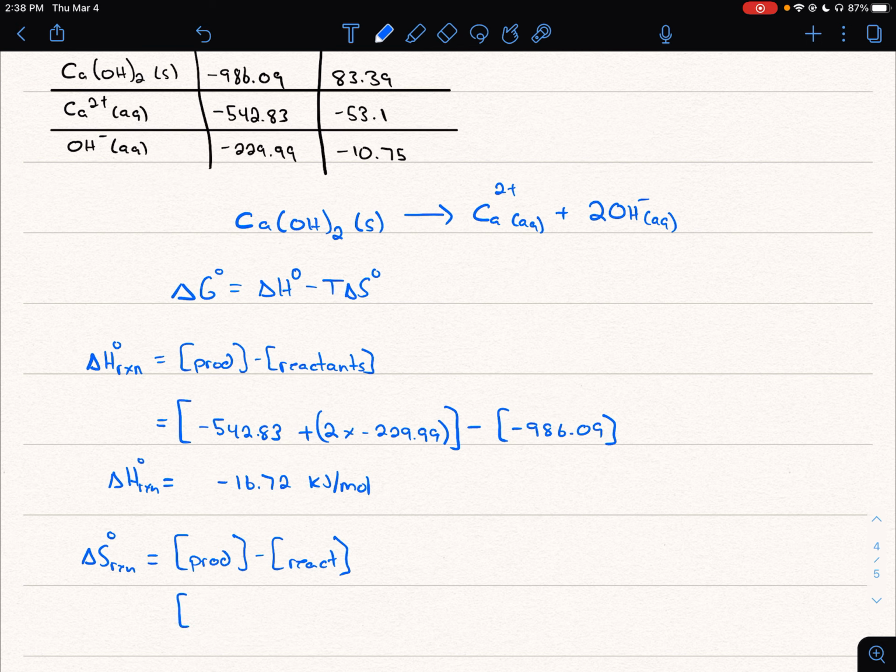So we have our calcium 2 plus, which is negative 53.1, plus, and now we have 2, because of our coefficient, times negative 10.75. And then from that, we're going to subtract our calcium hydroxide solid, which is a positive 83.39.